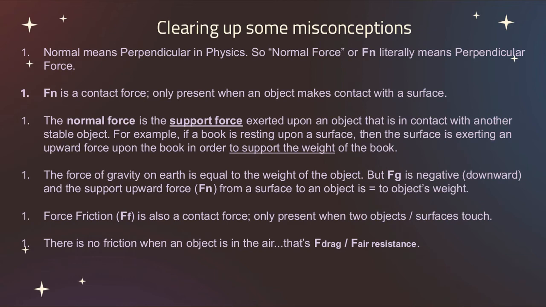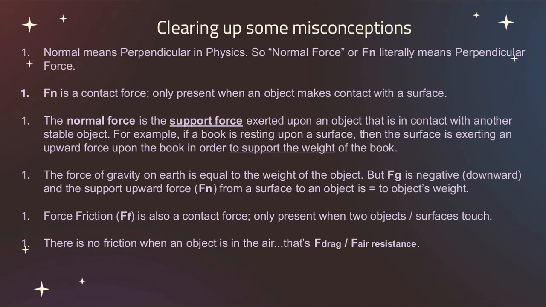And the weight of the Chromebook is equal to the Fg, which is mass times gravity. So the force of gravity on Earth is equal to your weight. However, Fg is pointed down, and that is negative. And you can't have negative weight. That's why the Fn, or normal force, that is pointed up, is equal to our object's weight.